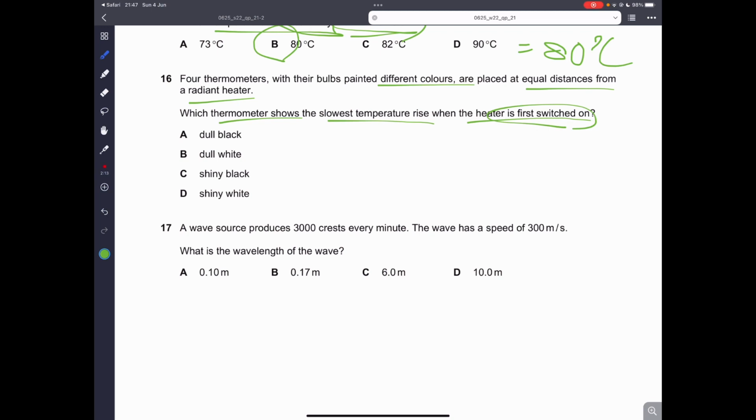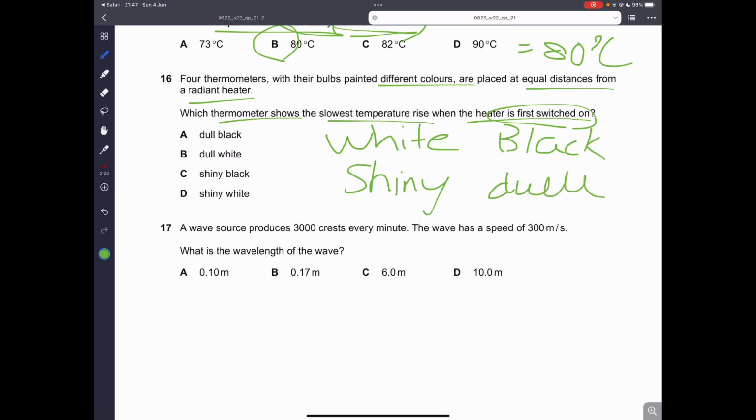So the temperature rise is highly dependent on color and texture. So let me tell you something. White, black, shiny, dull. Okay, as you might have known, white is a very good reflector.